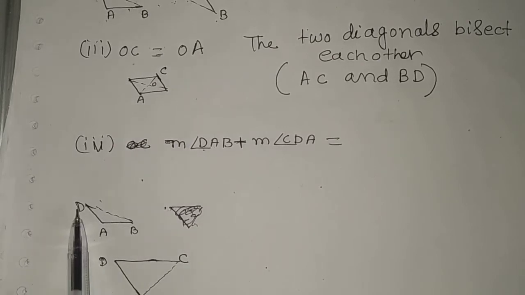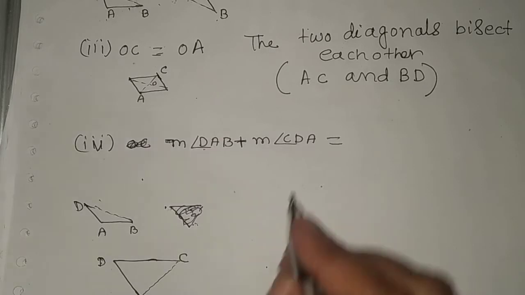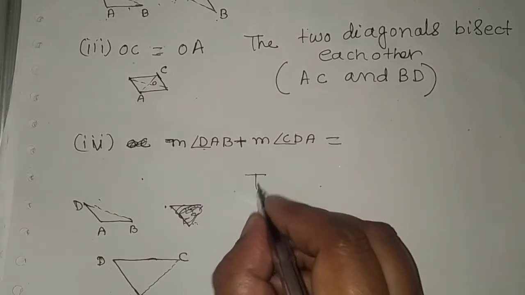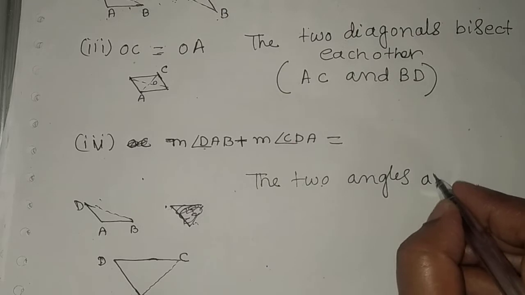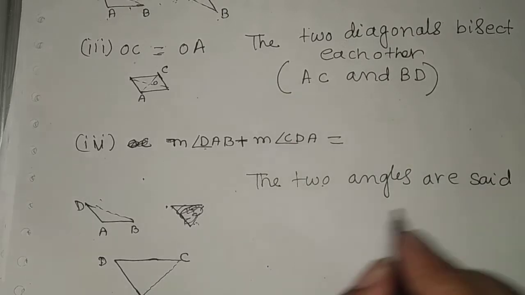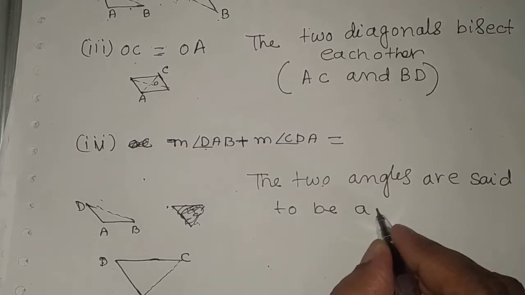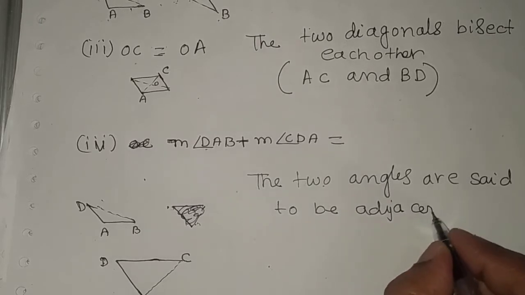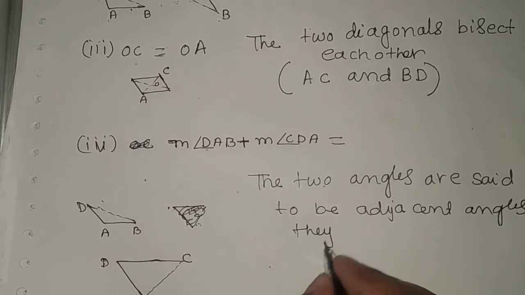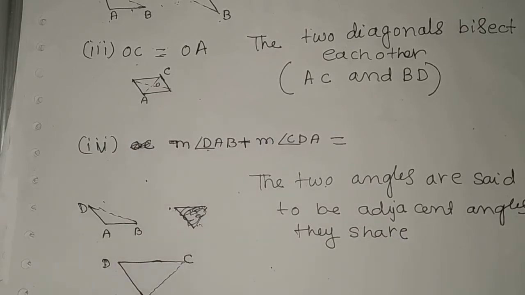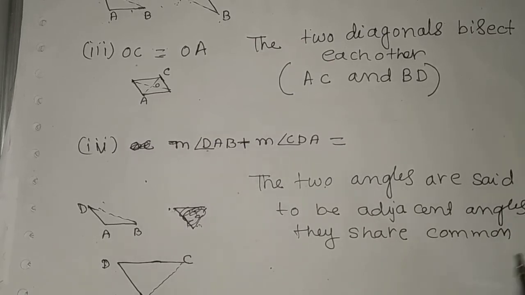These two angles are said to be adjacent angles because they share a common vertex and side.